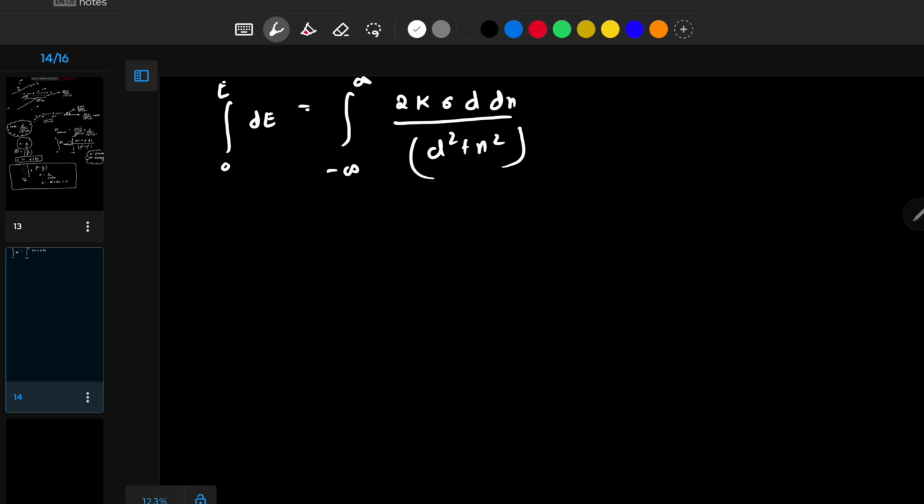I am going to substitute x equals d tan theta, so dx equals d sec square theta dθ.